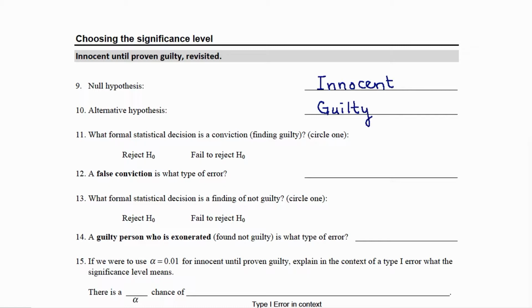So a conviction, that is finding guilty, is coming out in support of the alternative hypothesis.